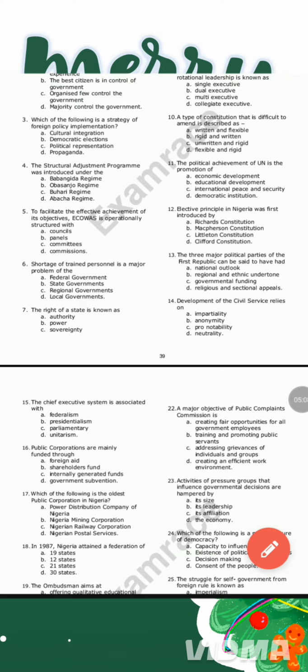Question 14. Development of the civil service relies on. Now, first of all, the civil service is a body of permanent officials called civil servants responsible for advising and implementing the policies made by the executive.